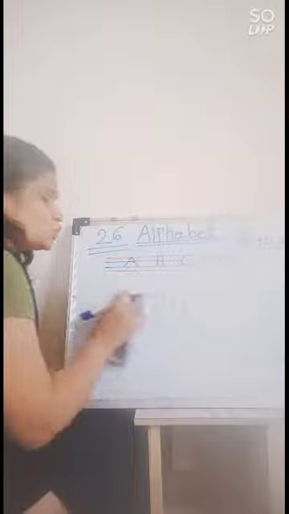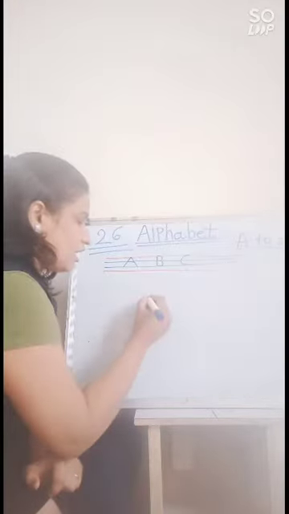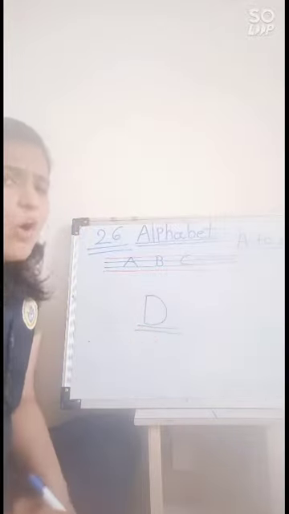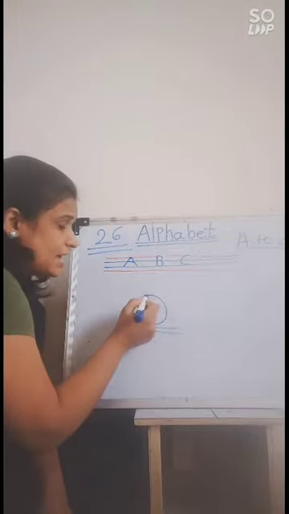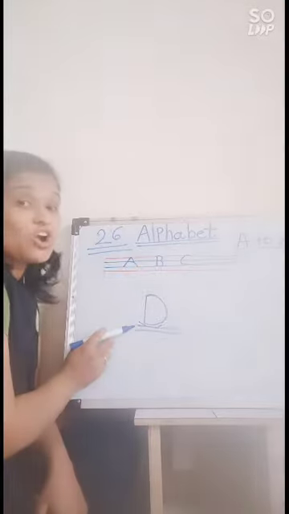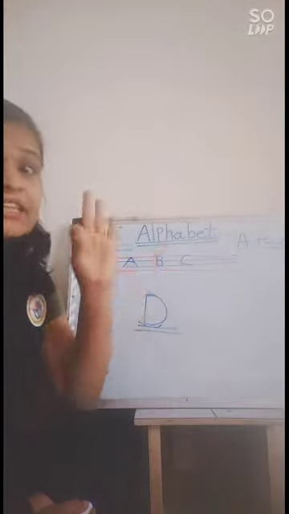Very good. So students, can you tell me which letter comes after C? Yes, there is D. And how can we write D? There is one standing line and one half circle. Yes, very good. That is called D. How can we write D in the 4-line notebook? Yes, only in the upper 3 lines.